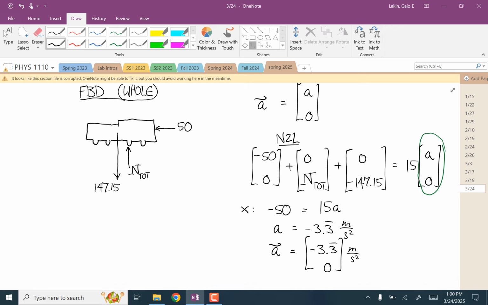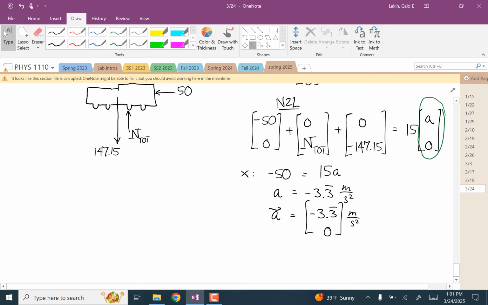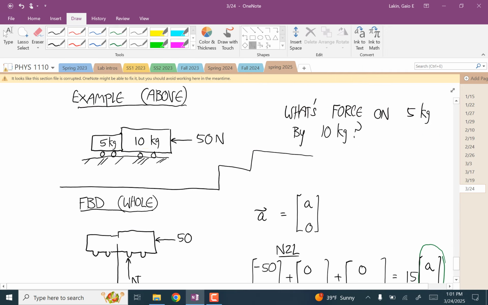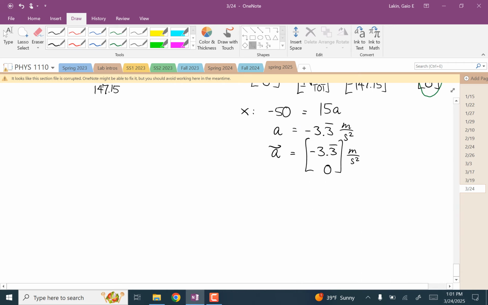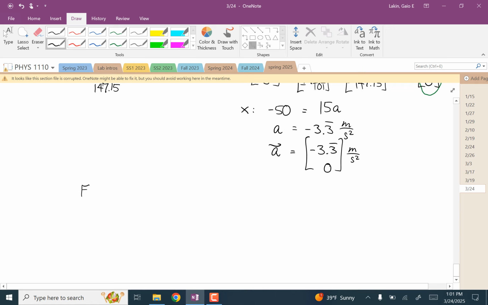Okay, so now that's the main use of isolating the whole system together. Now we're going to isolate one of the individual carts, knowing that its acceleration is going to be this, okay? So we're trying to calculate a force on the 5, so let's isolate the 5. So I'll draw a free body diagram of the 5.